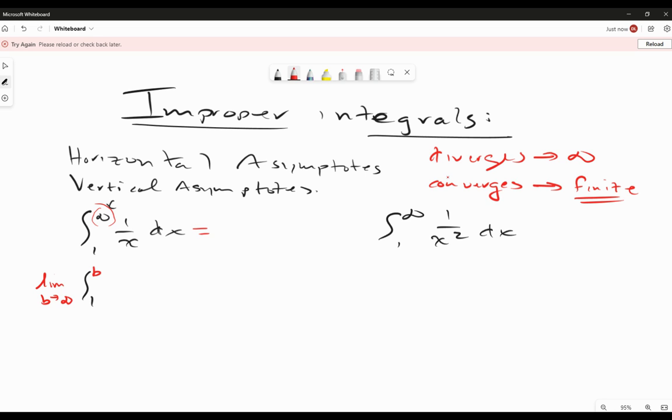This is going to be 1 over x dx. So let's integrate this.